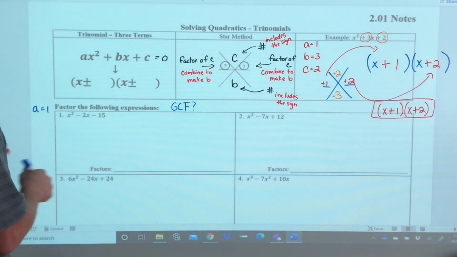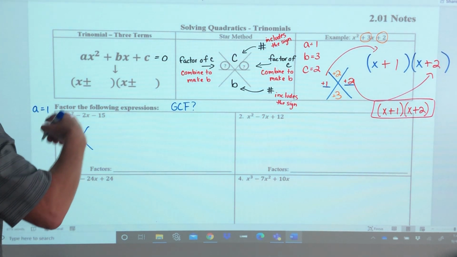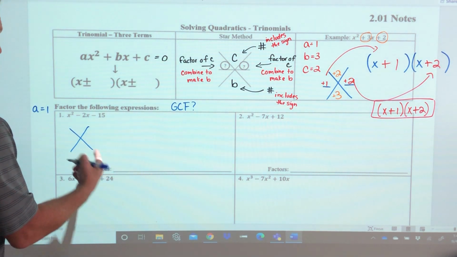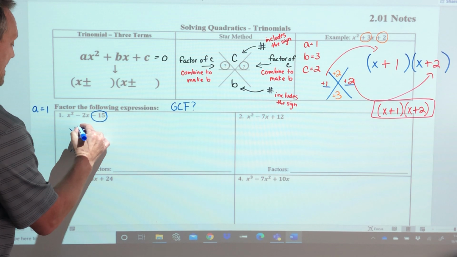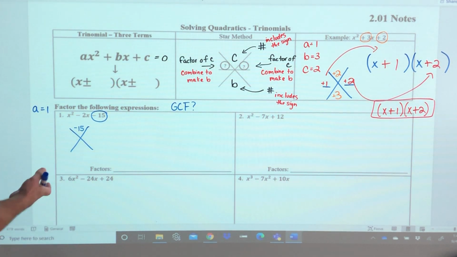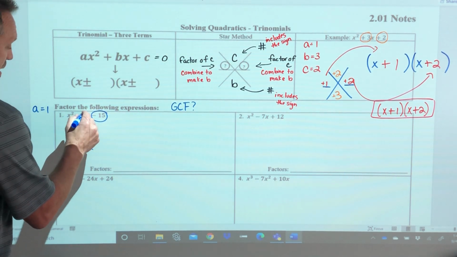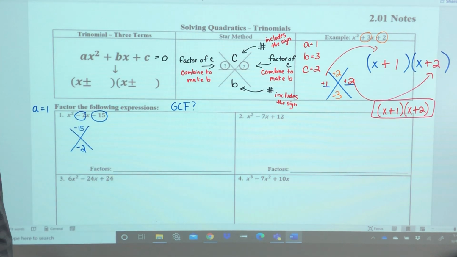So for instance, A is equal to 1. So I'm going to use my C on top, which my C is negative 15. See how that's important to write that negative there. Otherwise, if you just write 15, it changes everything. My B is on bottom, negative 2. Again, has to put that negative in there.